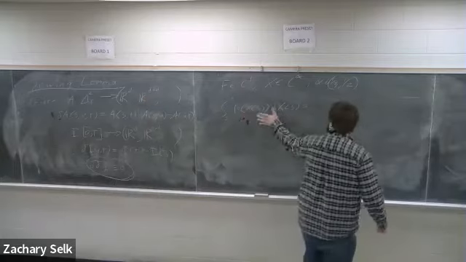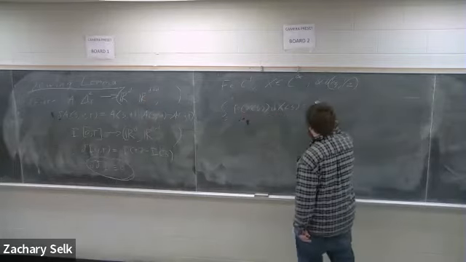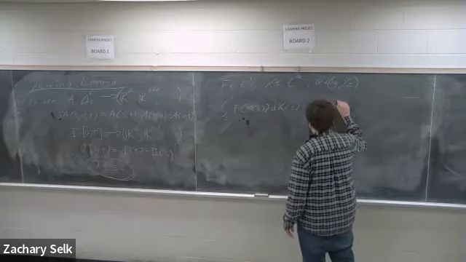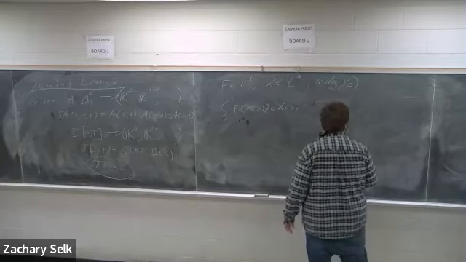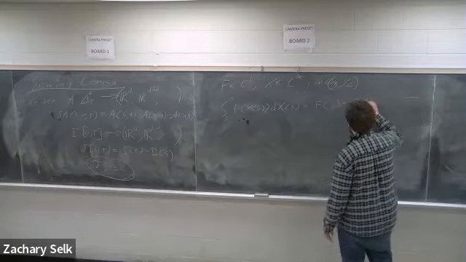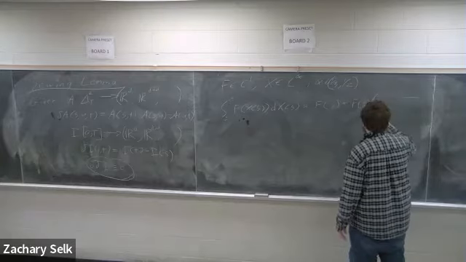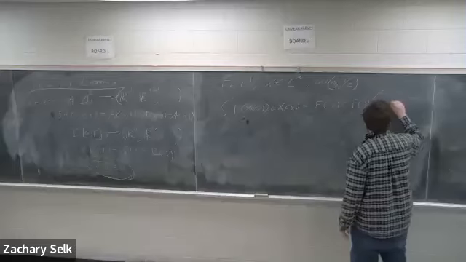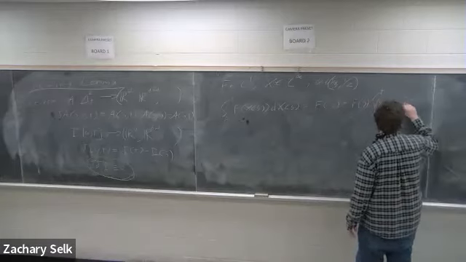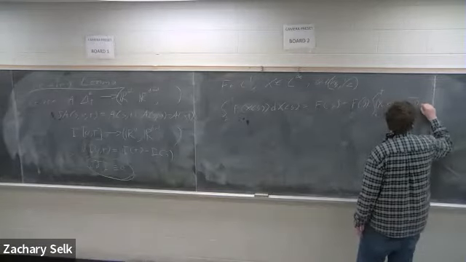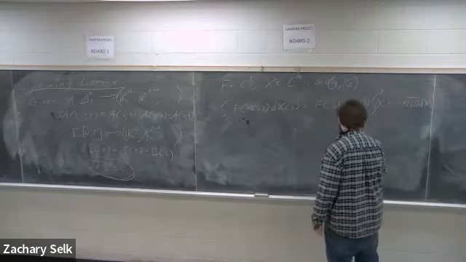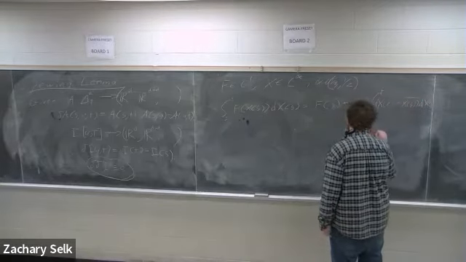In order to do that, we Taylor expanded f and got f of s plus f prime of s times the integral from s to t of x of r minus x of s, dx of r, plus something that was little o of t minus s.